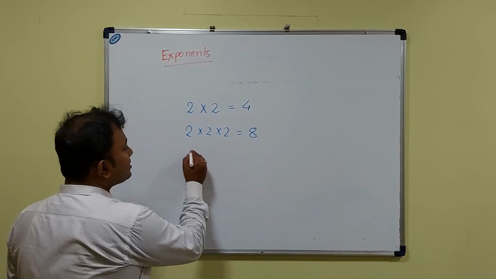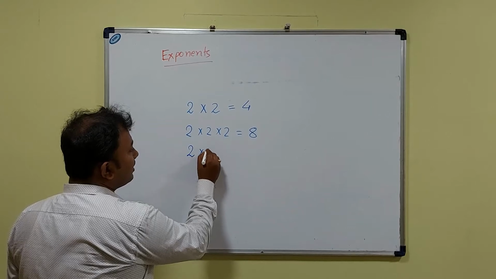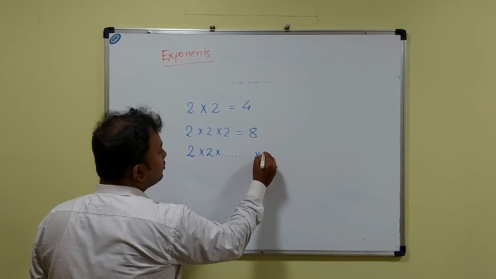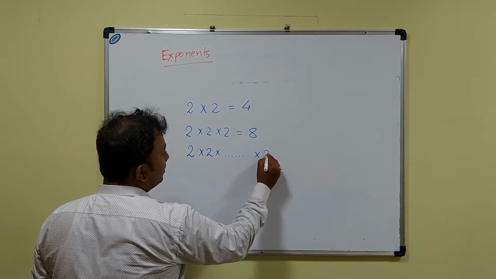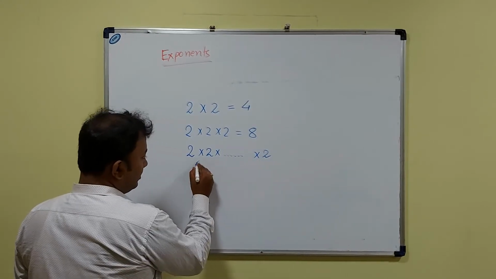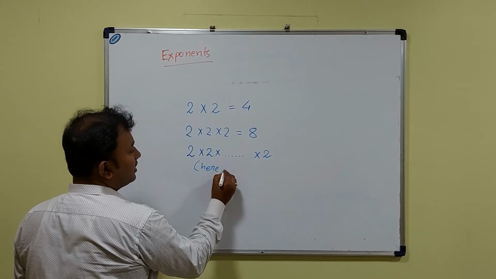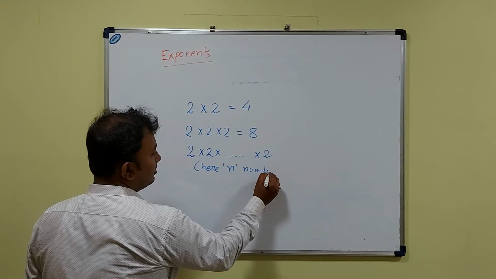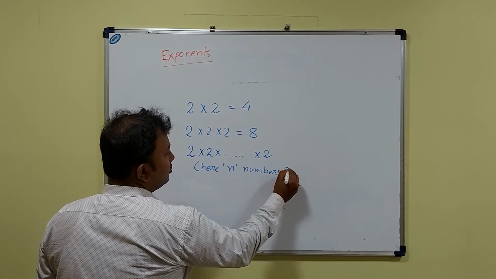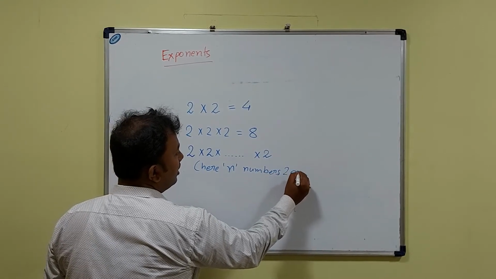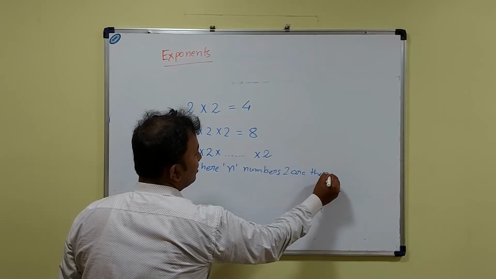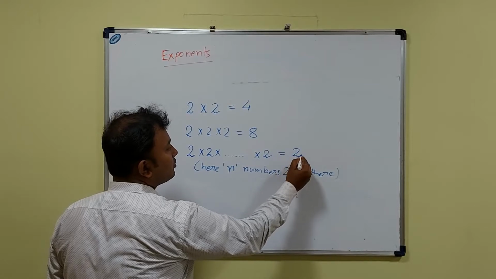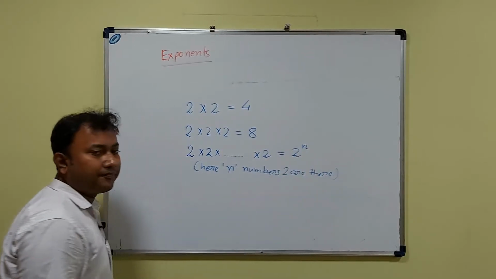In this way, if we take many 2's, say n numbers of 2 are there, then what will be the result? That will be 2 to the power n.